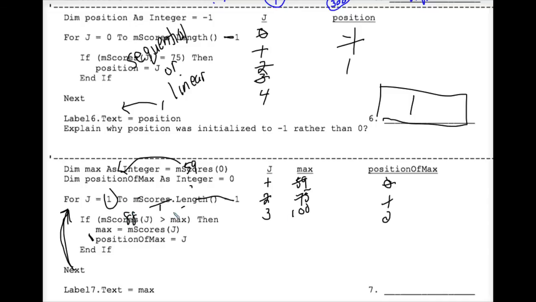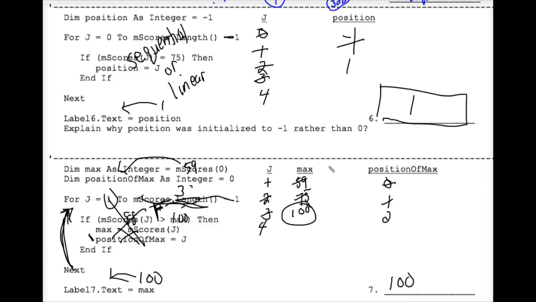Max is currently 100. False. This is a big fat F. 88 is not greater than 100, so we don't execute this code. We go back up to the top. J now hits 4, which is over the 3 that we had here, so we're finished, except for this line of code here. Max is currently 100, and that plugs into label 7.